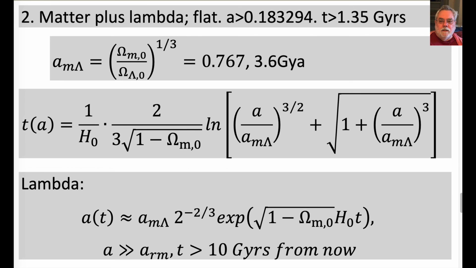Starting a few billion years from now, the scale factor will increase exponentially, increasing by a factor of 10 every 40 billion years. Big chill. Every 12 billion years, the scale factor will double. This will be a 5.9% increase every billion years.